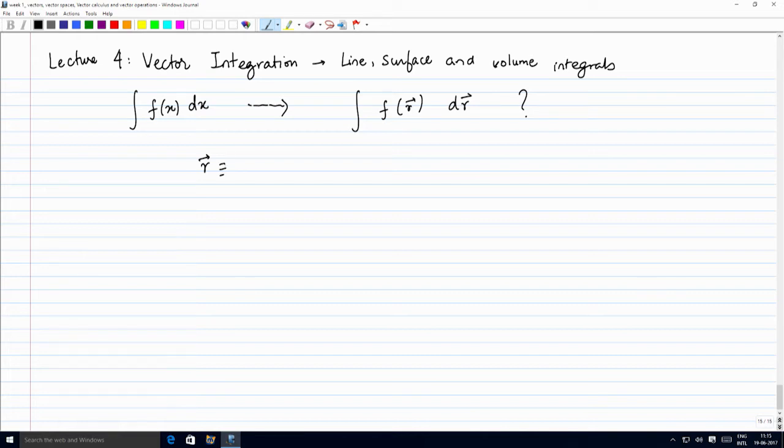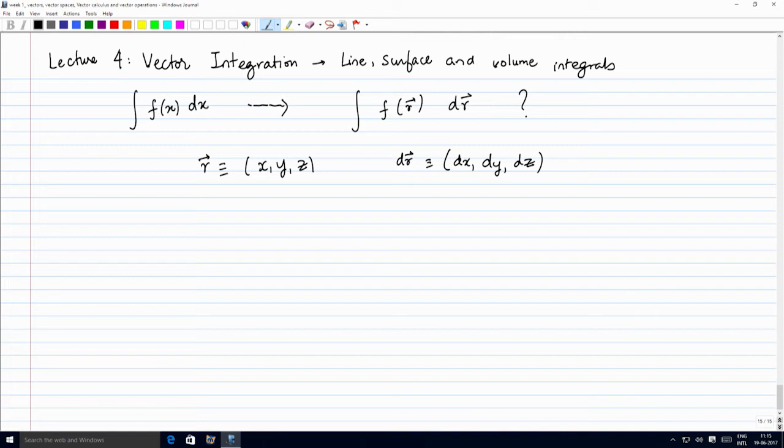So, R has three components x, y and z, so your dr will have three components dx, dy and dz. When you do this integration over dr, you can do it in different ways.